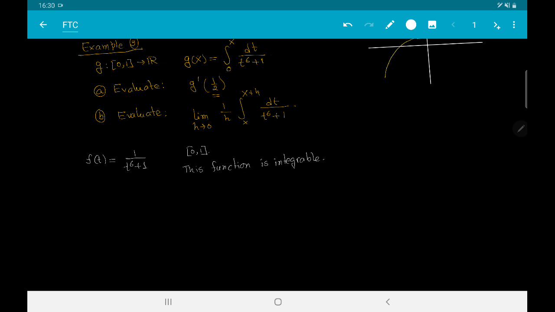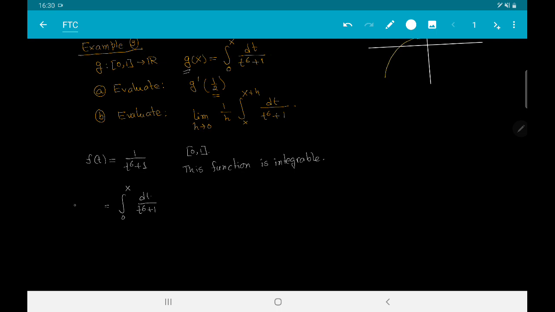Now if this function is integrable, this g is exactly what we have called big F in our previous video. So g is an integral which runs from 0 to x of dt by t to the power 6 plus 1.